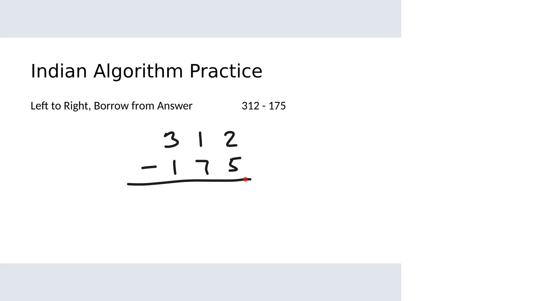This one has an extra step from the last one, but the philosophy is the same. We go left to right, and we borrow from the answer.